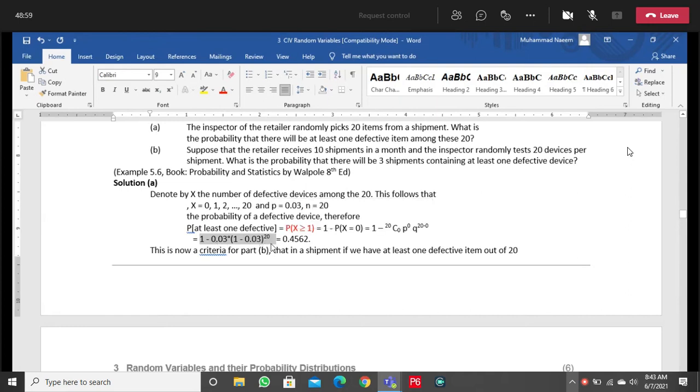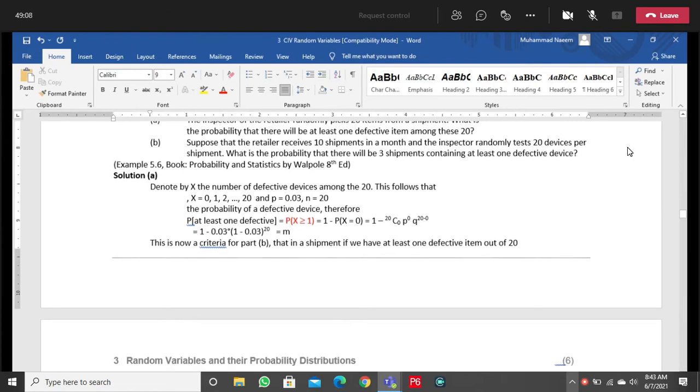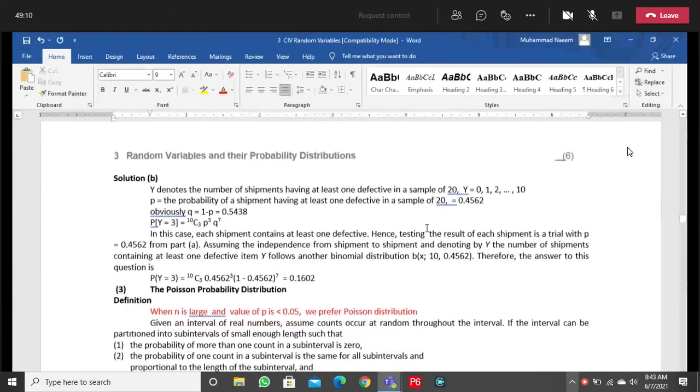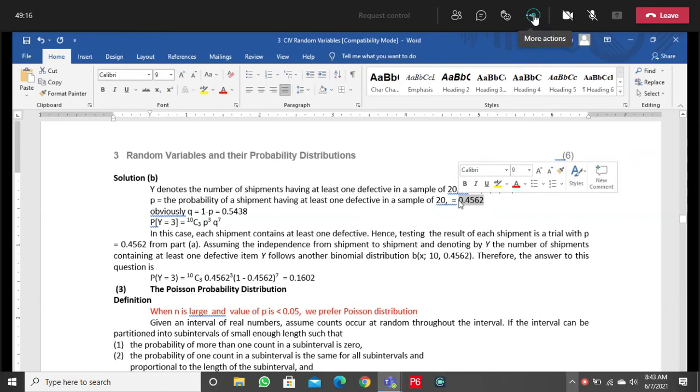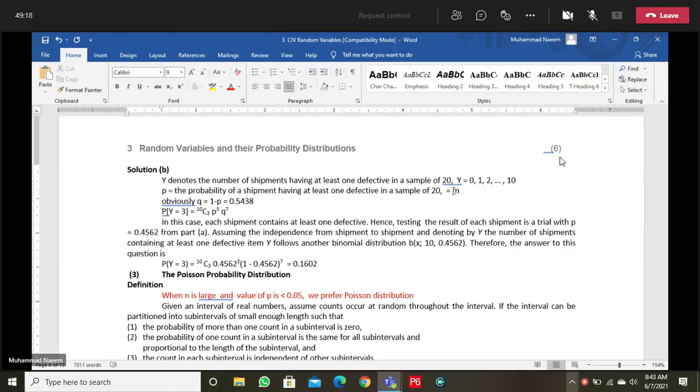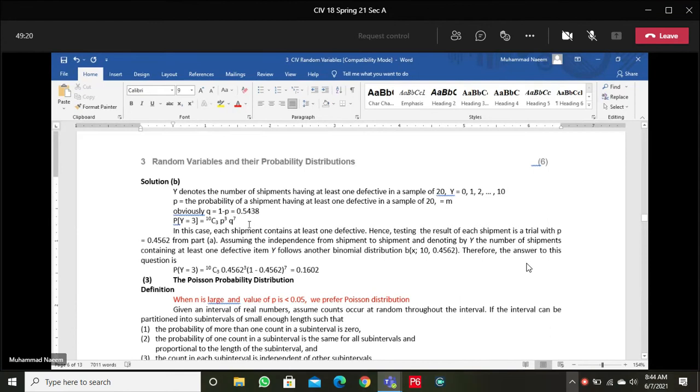This is your answer. So let's say your answer is M. Here we have this probability as the probability of P. So this is M. What is Q? 1 minus M. How can we proceed?